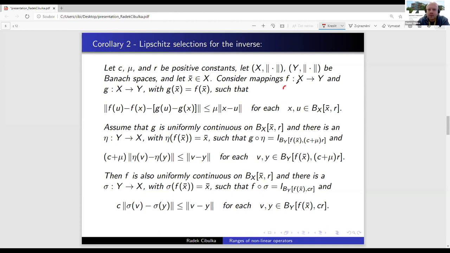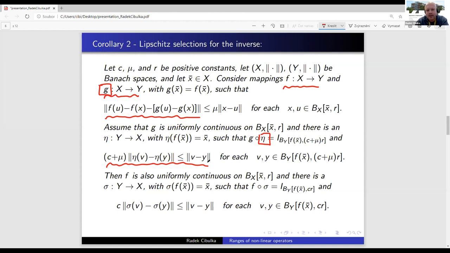Assume that you have two mappings F and G which are close to each other in this Lipschitz way, and assume that my mapping G, which is the approximation, is uniformly continuous and has a Lipschitz selection for the inverse. So this selection is eta, and this selection is Lipschitz with respect to the changes of the right-hand side.